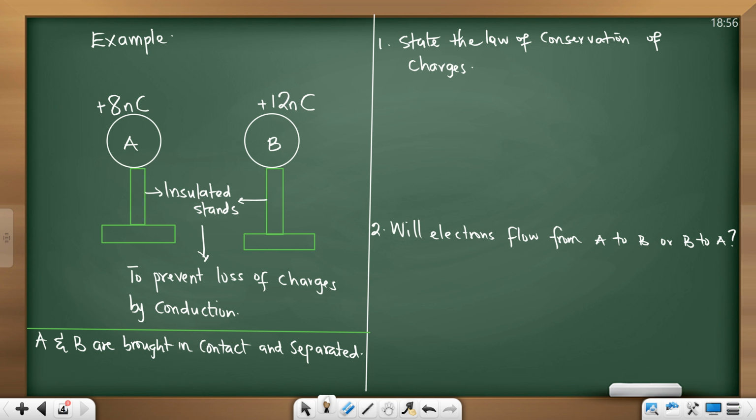Probably the first one you don't remember, I'll deal with that for you. But please tell me, is it going to move from A to B or B to A? Electrons move from where they are more to where they are less.